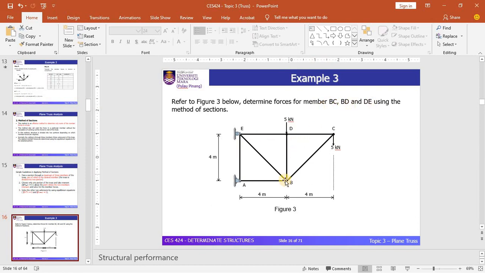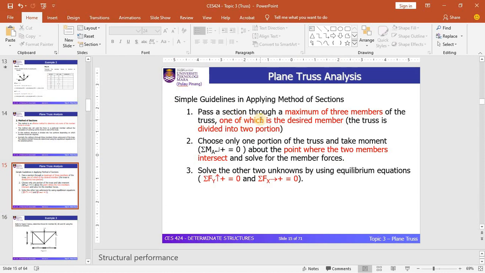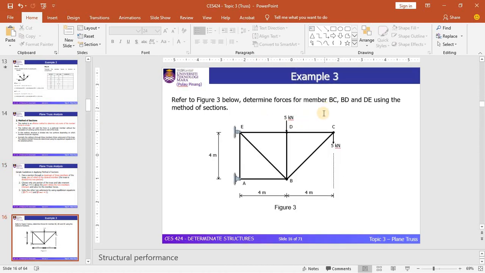By looking at the procedure, you need to draw one line that passes through these 3 members, which are BC, BD, and DE.